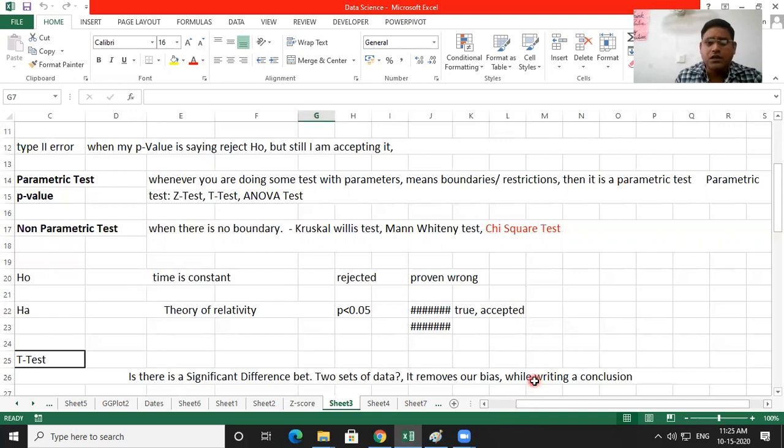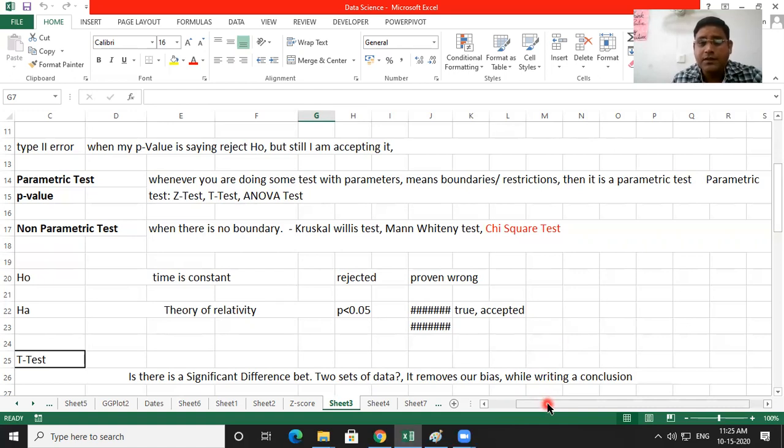You have seen some laboratories that have closed boundaries. So within some boundary we are doing that test, and that will be our parametric test. There has to be some restriction, some foundation. So what is that parameter? Why do we call it a parametric test?